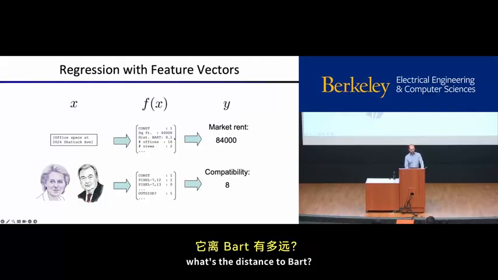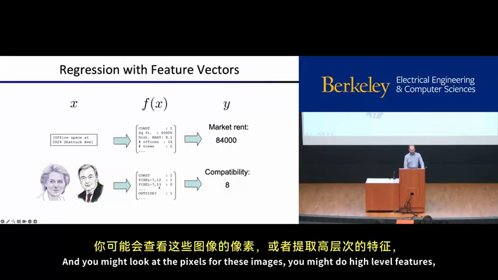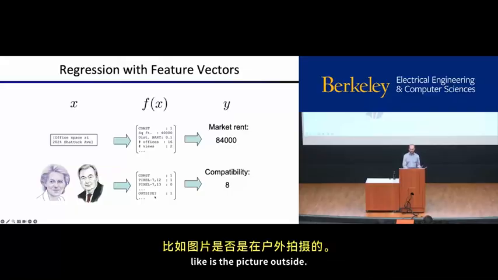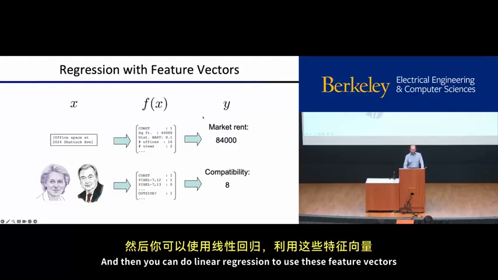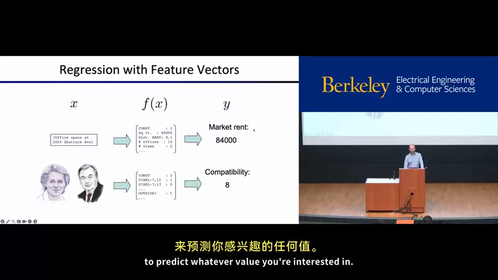What's the distance to BART? How many offices are in there? How many directions are there views? And you might look at the pixels for these images. You might do high-level features like, is the picture outside? And then you can do linear regression to use these feature vectors to predict whatever value you're interested in. Any questions at this point?